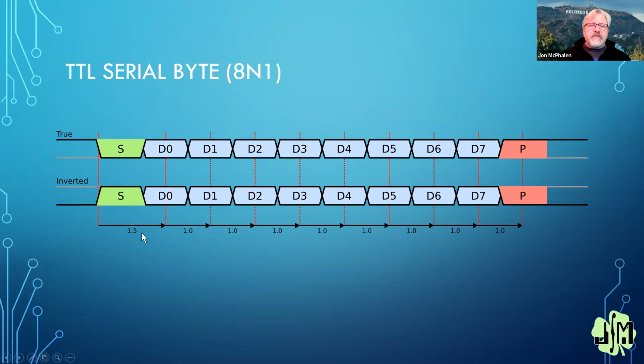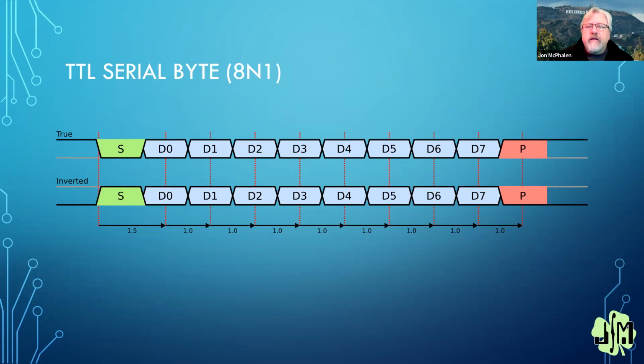That's why it says 1.5, because that gets us out to what should be the middle of the first data bit, and then we can sample the bit and stuff it into a holding register, and then we do that 7 more times, but we're setting this bit period to 1. And then in the end, we can check to make sure that we went to the stop bit. Now, the smart pin does all of this for us.